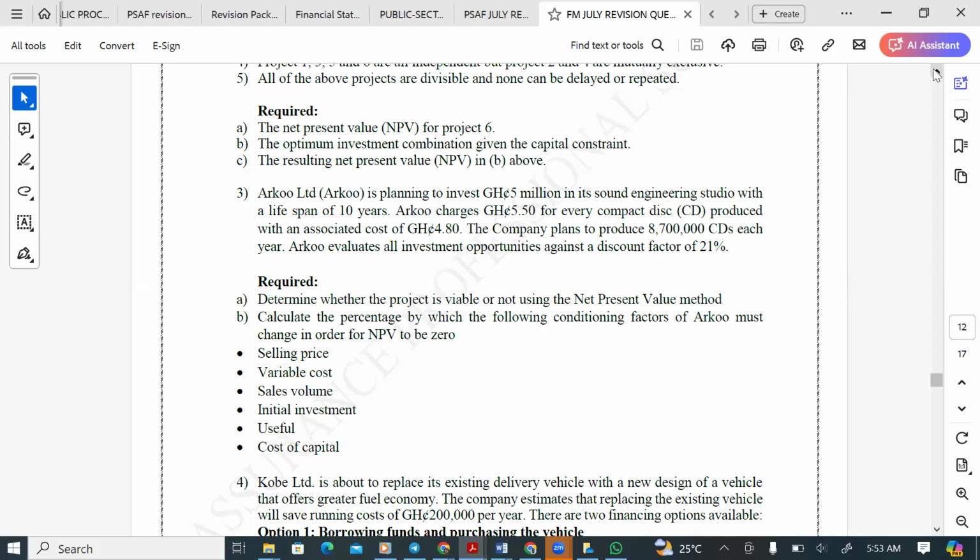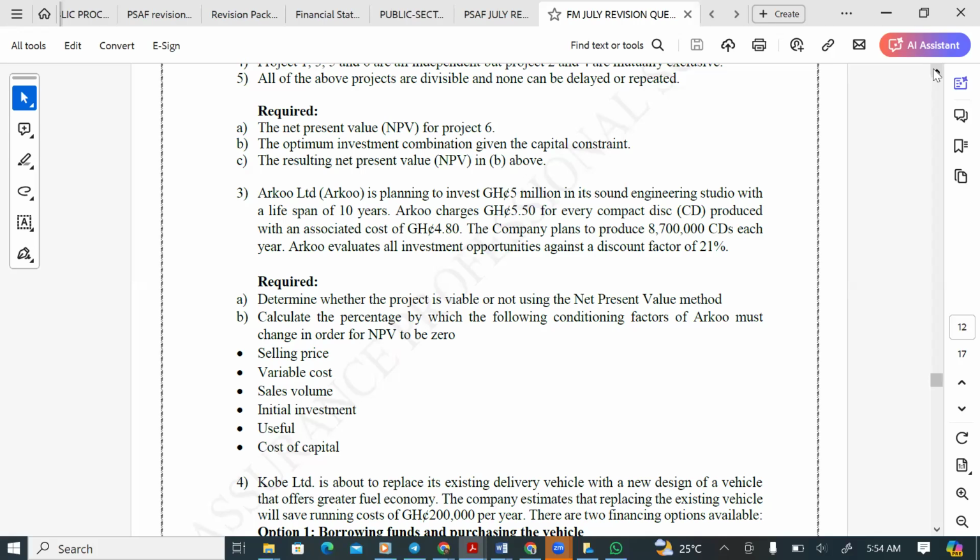So I'm reading the required first. A. Determine whether the project is viable or not using the NPV method. B. Calculate the percentage by which the following condition factors of Arco must change in order for NPV to be zero: selling price, variable cost, sales volume, initial investment, useful life and cost of capital. Now the question.